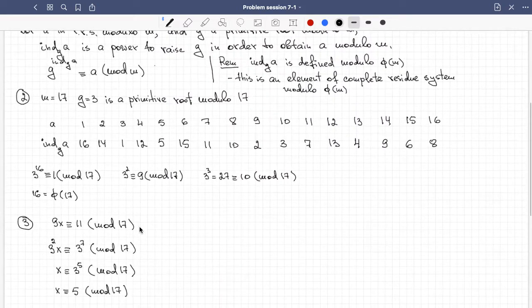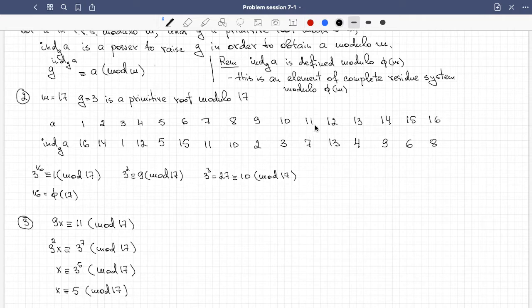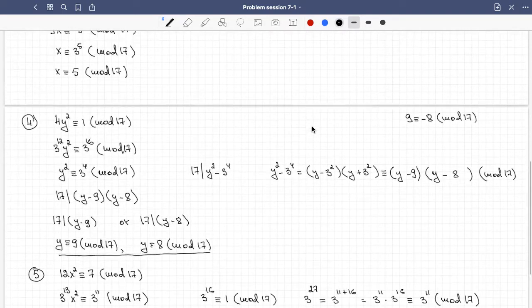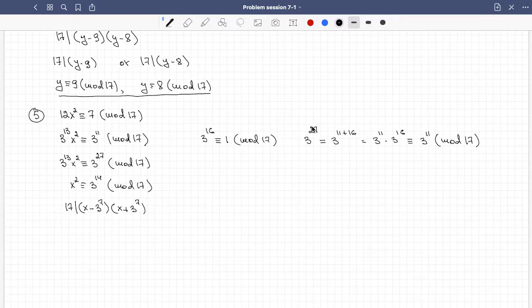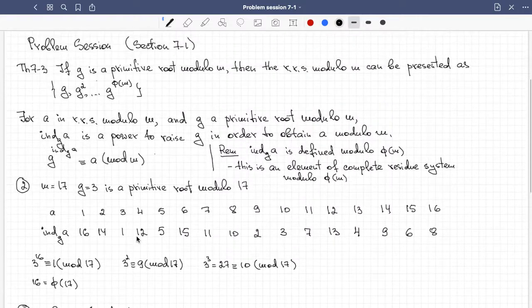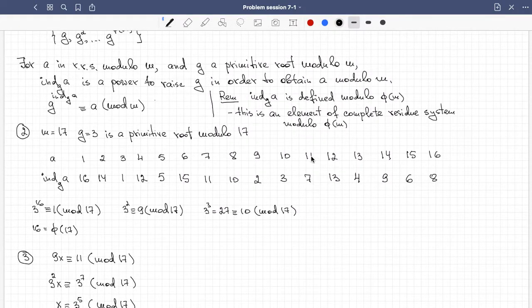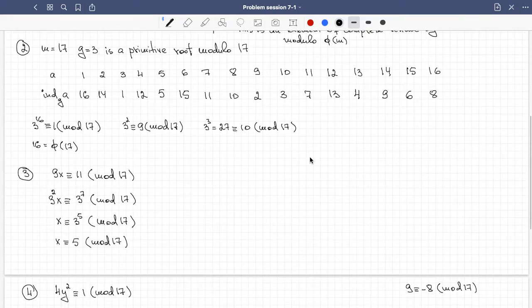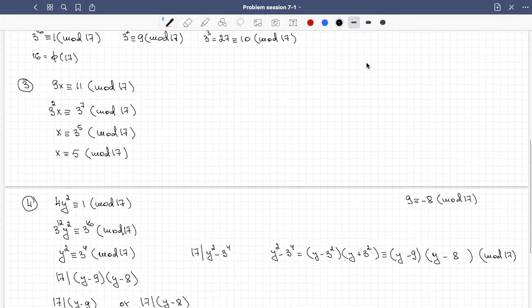Now, let us look. 3 to the 7 is 11 modulo 17. So we can rewrite it as 17 divides x minus 11. Well, let me do it this time differently. I will write x plus 11. 11 comes from here. 3 to the 7 is 11 modulo 17 from our table of indices.